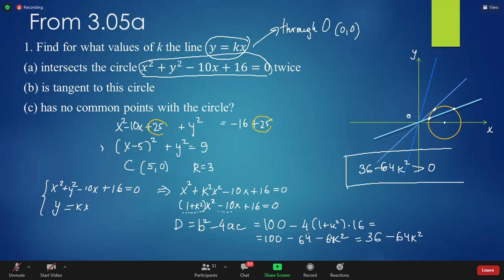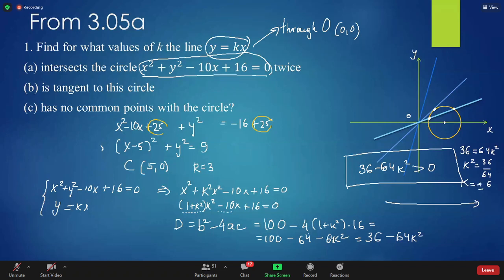Today in elementary mathematics, we will talk more about solving quadratic inequalities, but in principle, we need to find the 2 critical points where this is equal to 0. So we would say that 36 is equal to 64k squared, or k squared is 36 over 64. So k is positive or negative 6 over 8, that's 3 over 4.